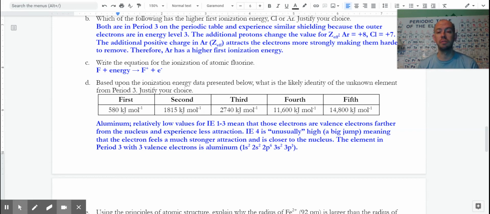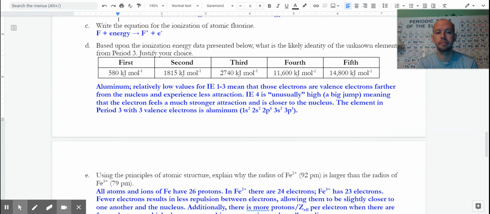They are easy to remove, but going from the 3rd to the 4th, we are about 5 times bigger. So here we do triple, there we don't even double, but when we have a jump of 5 to 6 times or more, that is the big jump. Those electrons are much closer to the nucleus, much stronger. So the 3 valence electrons connects to aluminum.